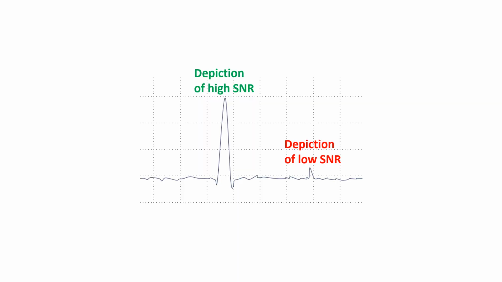Signal to noise ratio, or SNR, is the ratio between the power of the desired signal to the power of background noise. SNR is often expressed in decibels. An SNR higher than 1:1, meaning an SNR more than 0 dB, indicates that the signal is more than the noise.